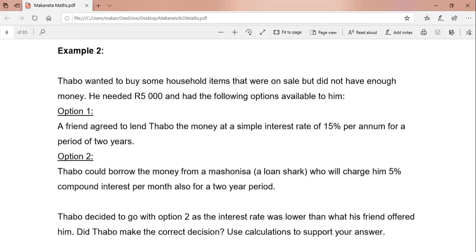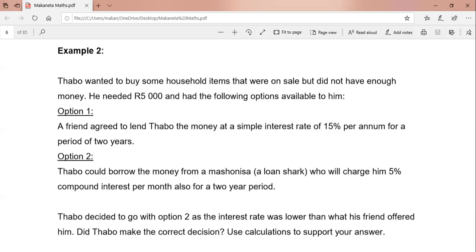Now, a layperson who may not have studied mathematics at this level of grade 12 will automatically go for the 5% interest because 5% is less. Remember, the period of borrowing such money is the same. Both of them is 2 years. So the one person who does not know mathematics may opt for 5%.